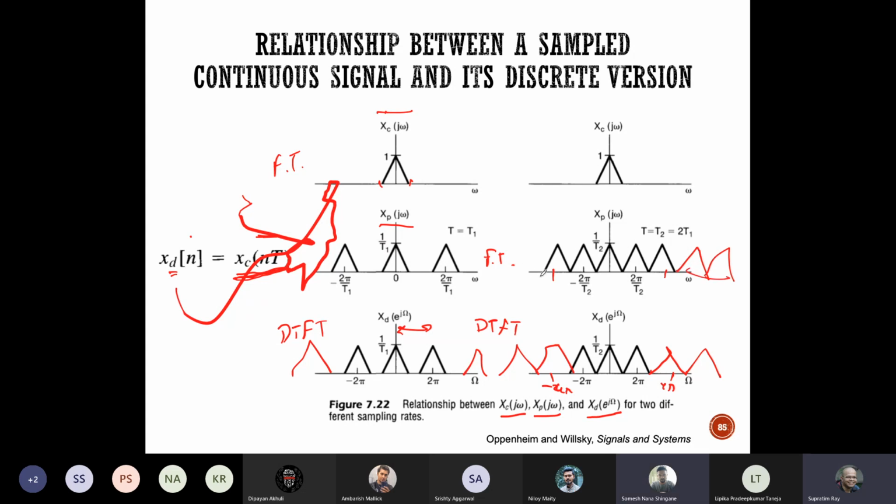Okay. Got it. So now, another doubt. When we go from the Fourier transform to the DTFT, in this figure it is shown that the spacing is much larger in the Fourier transform as compared to the DTFT. Is it just because of the figure? No, there's no difference. It's just the way it's drawn.